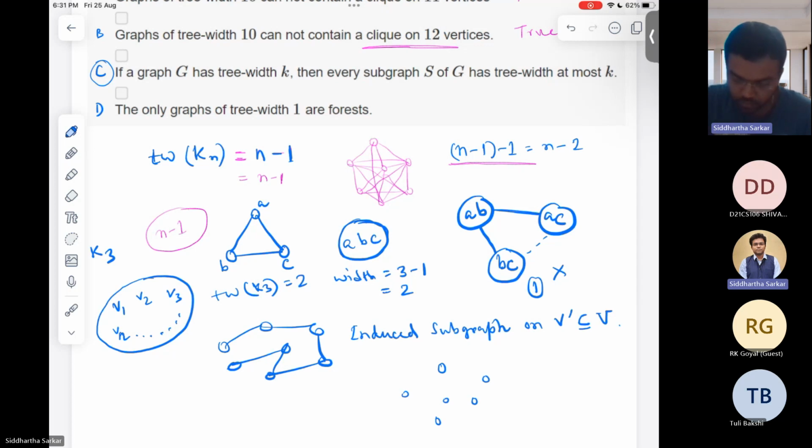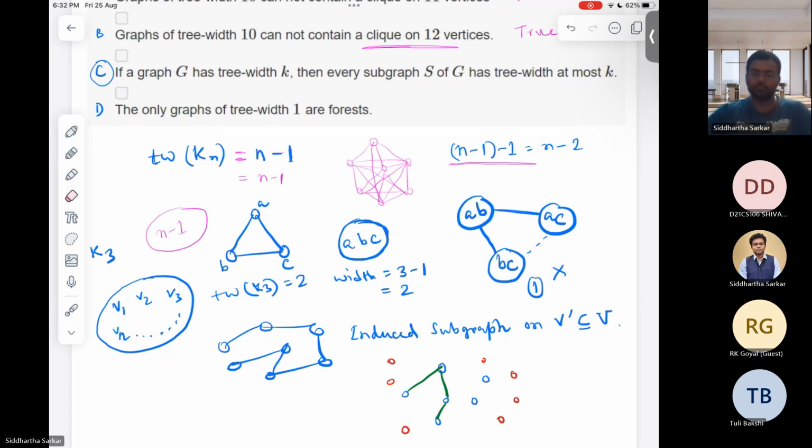Suppose these are the vertices from V dash. There were other vertices which we are not allowed to pick. Let us say these red ones were part of the original graph but not in V dash. Edges will be between the vertices of V dash only. So if there is an edge between one blue and one red vertex, that edge will not be included in the induced subgraph. When you say subgraph, you have the liberty to delete vertices as well as edges.